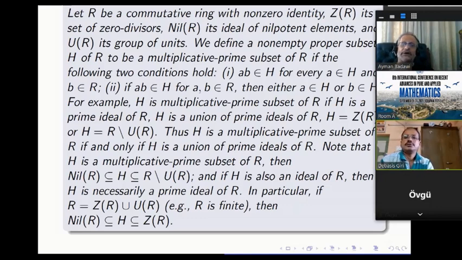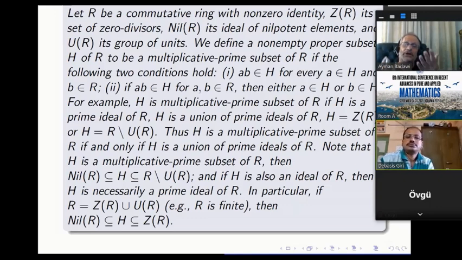All right, and here's some observation. H will be a multiplicative prime subset if and only if H is a union of prime ideals. So choose your prime ideals randomly from any ring, and the ring now can be an integral domain. And that's the interesting part.